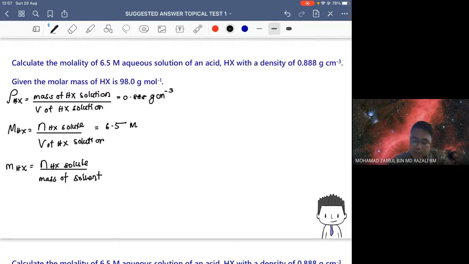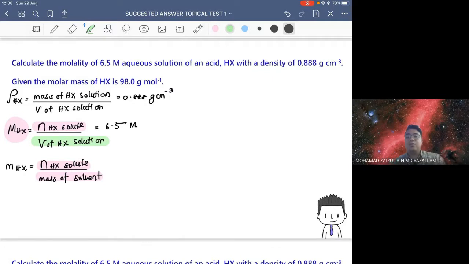Okay, so sekarang ni kalau kita tengok, in order to calculate the molality, kita memerlukan mole solute dan mass of solvent. Tapi kedua-dua information ni tak diberi dalam soalan. Okay, tapi mole solute kita boleh dapat daripada molarity. Sebab molarity ada mole solute. Okay, tapi kita tak boleh cari terus mole solute tu sebab volume of solution tu tak diberi dalam soalan.